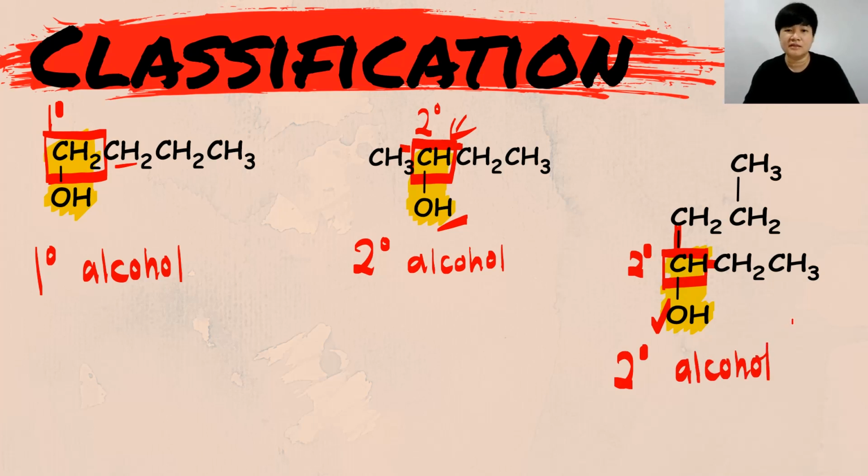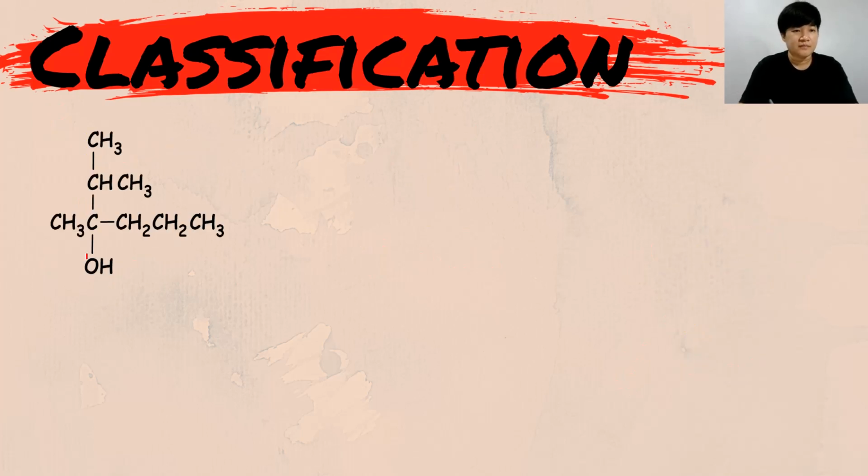Simple, easy. Okay? More examples. We are looking again at the carbon holding the OH group. This carbon right now is a tertiary carbon, attached to one carbon, two carbon, three carbon groups. Therefore, this will be a tertiary alcohol.